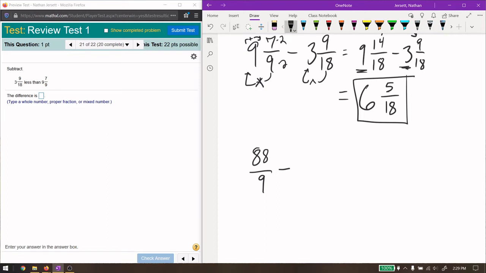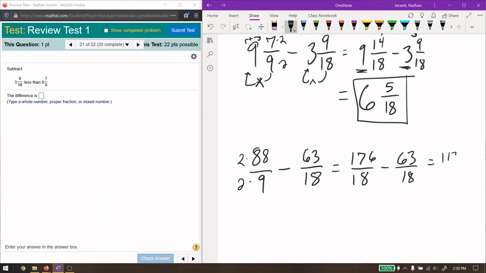Yep. 54 plus 9 is 63. Now you multiply this by 2 over 2, giving us 176 over 18. And 176 minus 63 gives us 113 over 18.